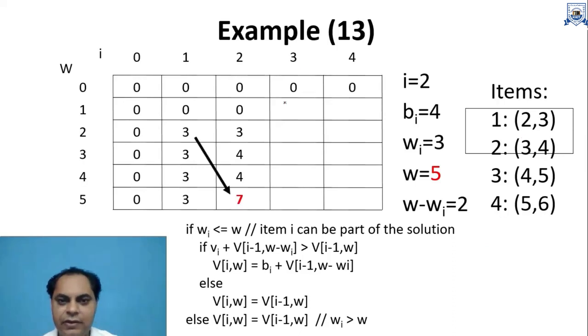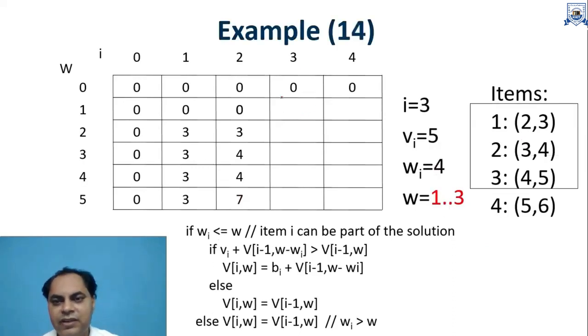Now move further. This time we will consider 3 items. If the current capacity of the knapsack is 1, none of the items can be accommodated, so it is 0. If the current capacity is 2, the first item can be accommodated, so it is 3.